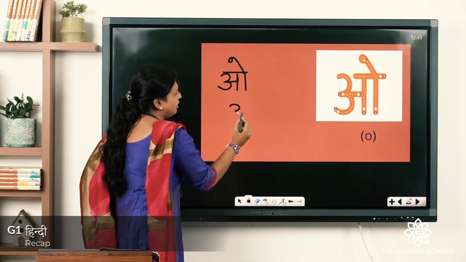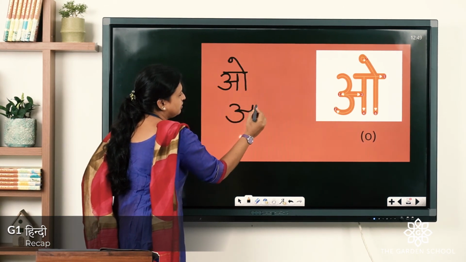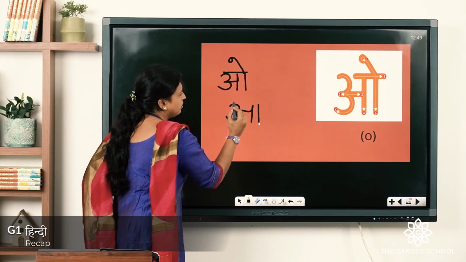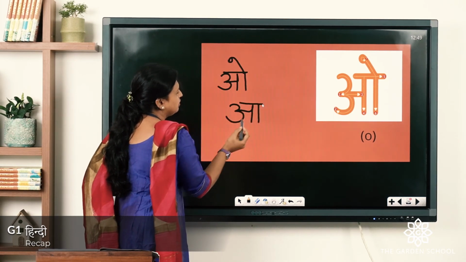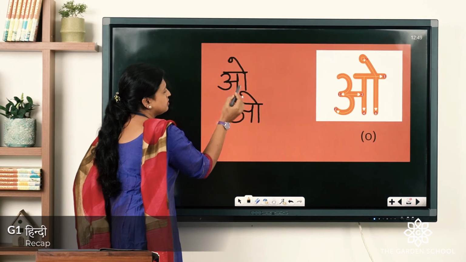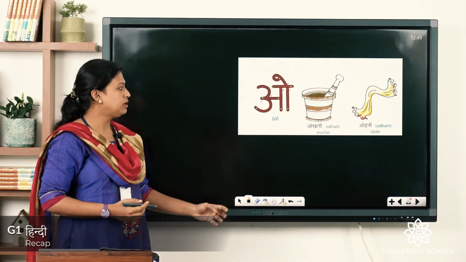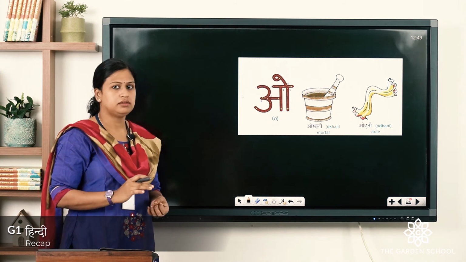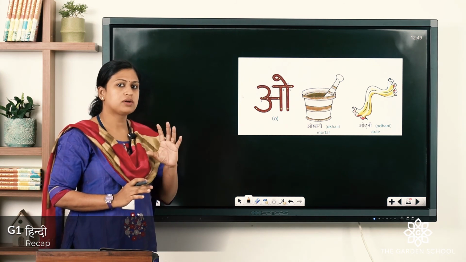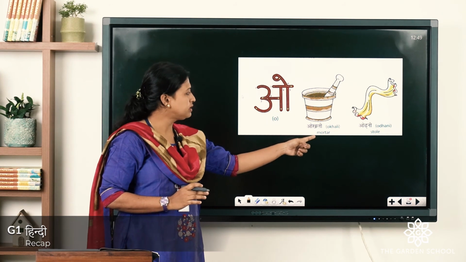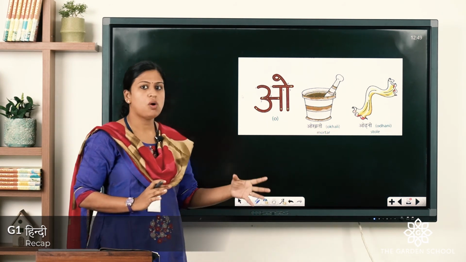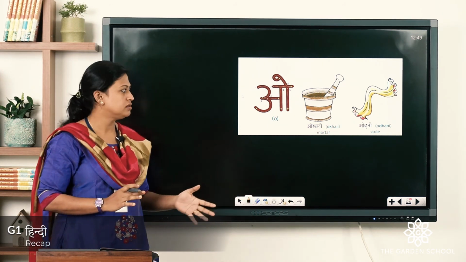Once again, A. Then a standing line and a string here. The words are Oakley, O for mortar, Ordney, stall.